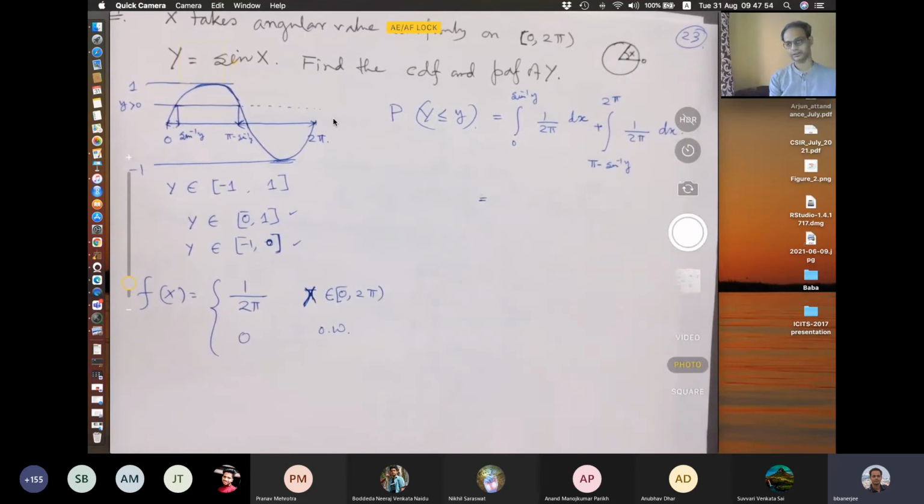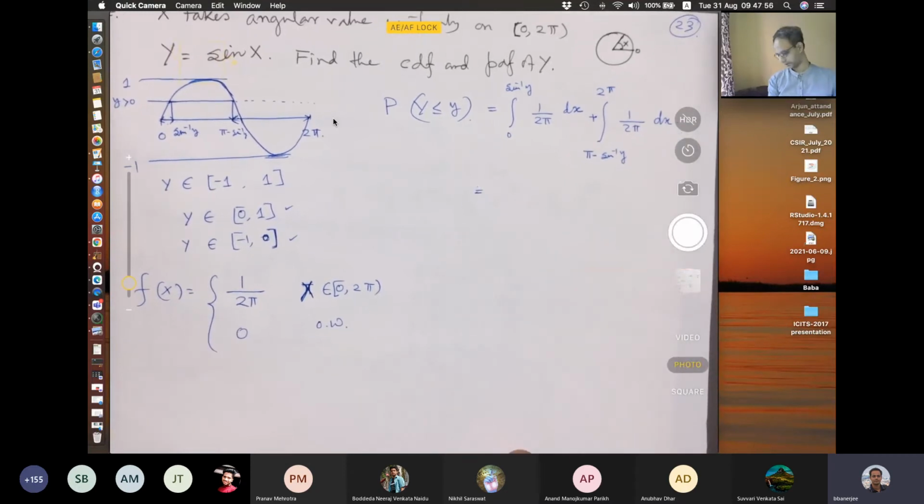Now please tell me what will be the expression? Do the integration and tell me.